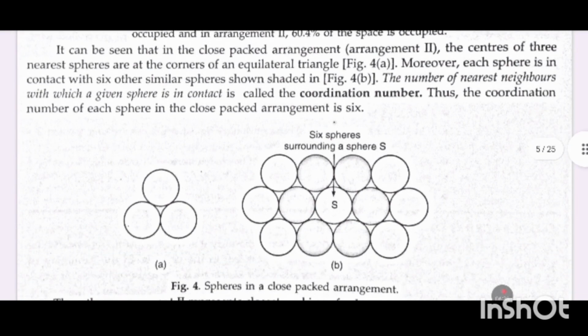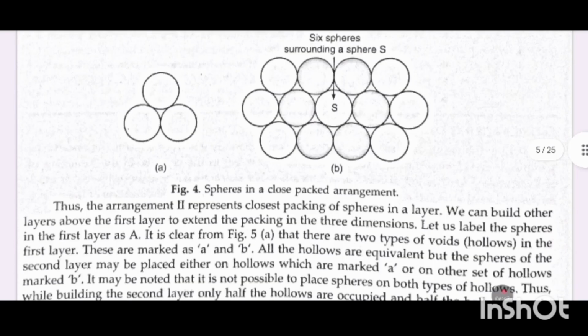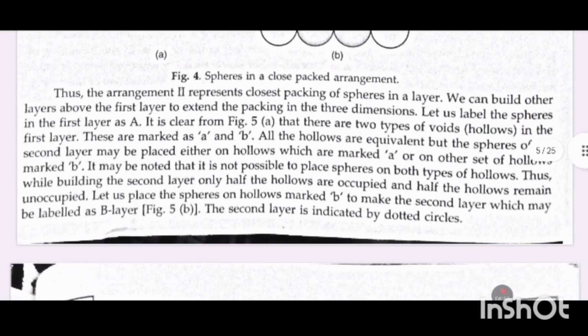The number of nearest neighbors with which a given sphere is in contact is the coordination number. Thus, the coordination number of each sphere in the close packed arrangement is 6. Thus, the arrangement second represents closest packing of spheres in a layer.